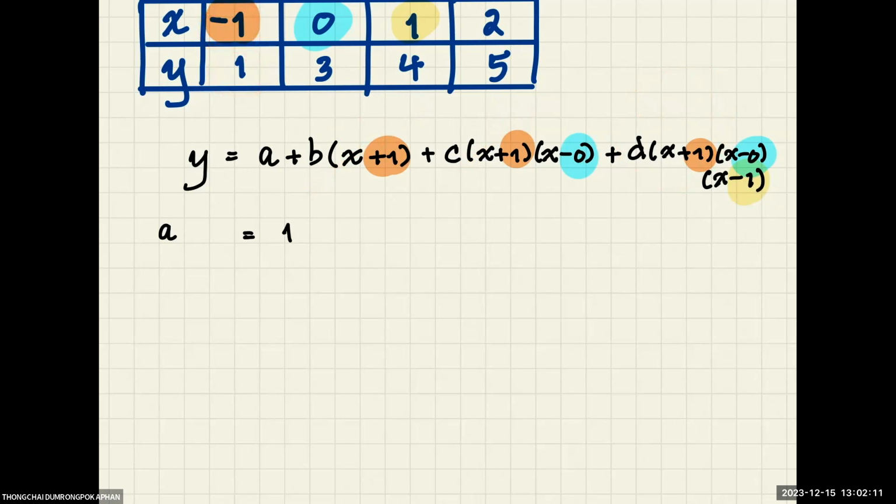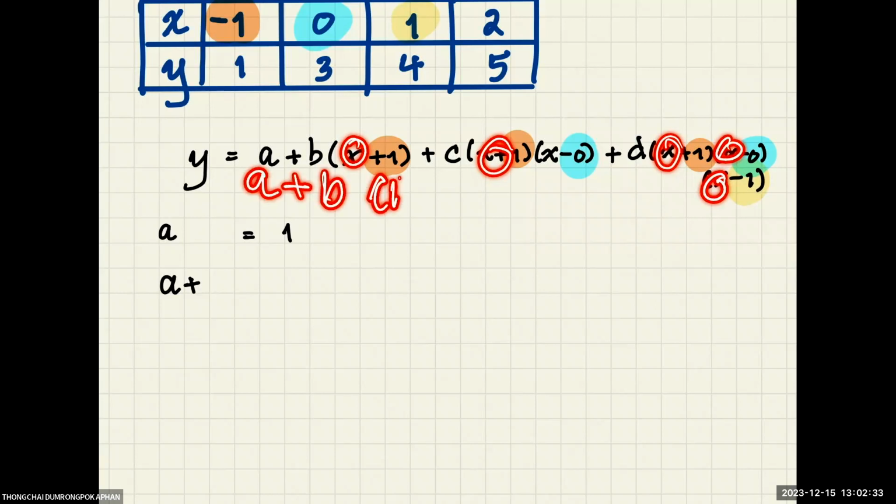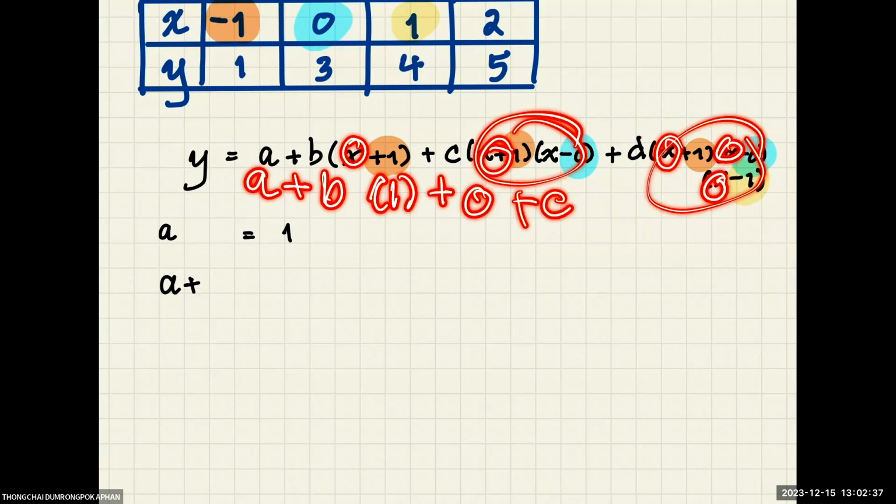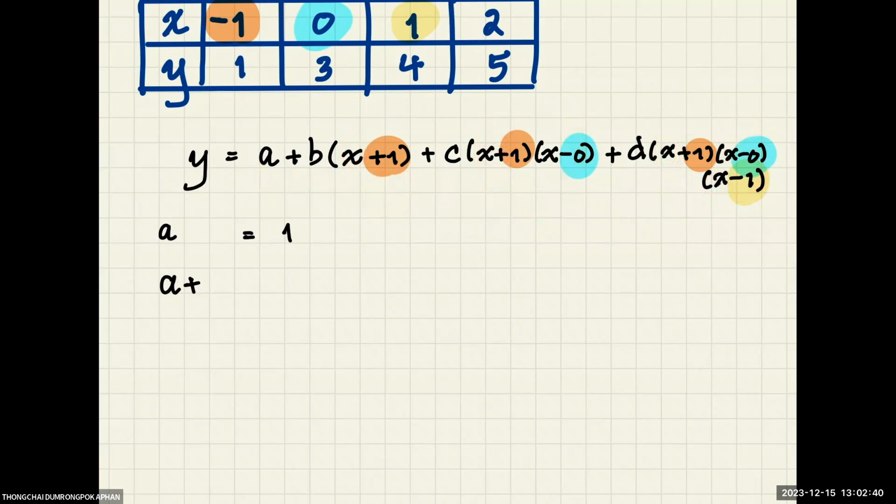For b, wherever you see x, you plug in 0. You get a plus b times 1 plus 0 plus 0, which equals 3.